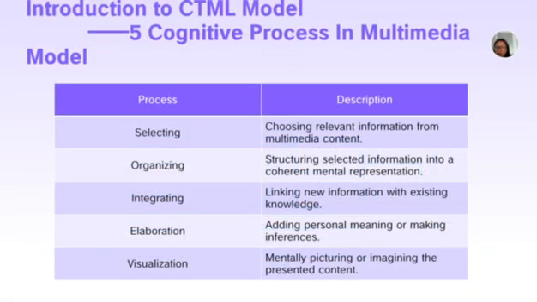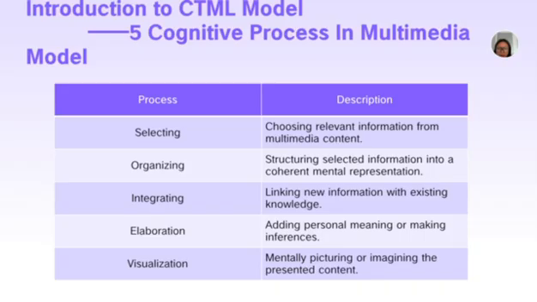Next, we will introduce the 5 cognitive processes in the CTML model, which play a vital role in multimedia learning. The first process is selection. In this stage, students need to select relevant information from multimedia content.